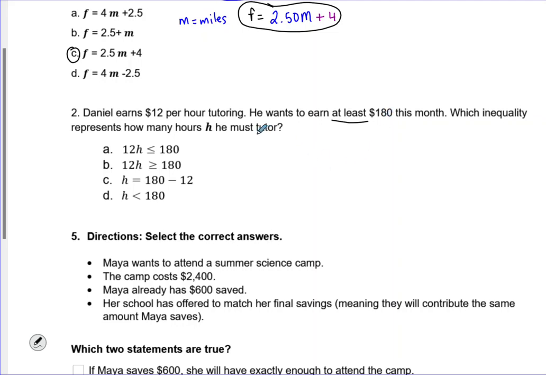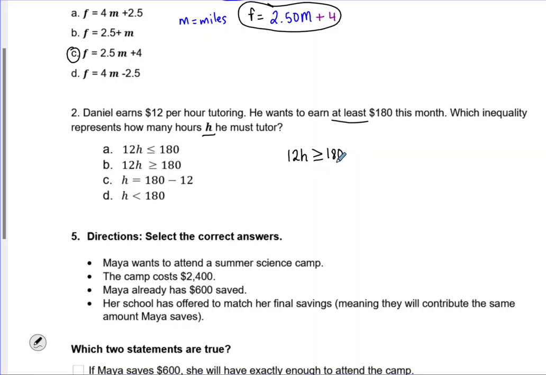Well, h is the hours, so he earns $12 times how many hours, and whatever he earns has to be bigger than or equal to $180.